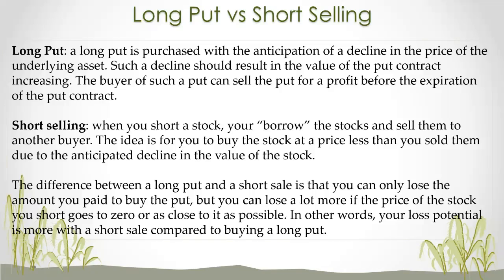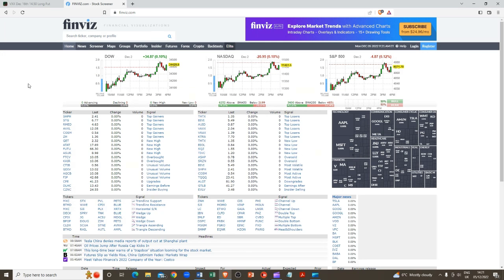Whereas with the short sale, if the price of the underlying asset goes up a lot, you could lose a lot more than you anticipated. And so the long put provides a better risk management strategy for cashing in on a stock value that is set to decline. Let's take a look at how you can find stocks whose values are in decline mode or that you can be bearish on.